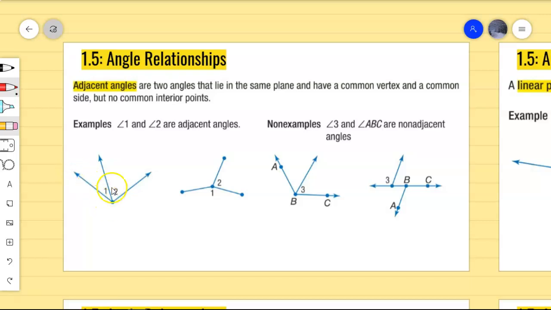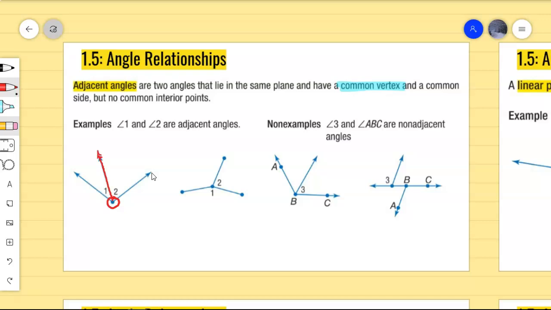You've got angle 1 and angle 2. You'll notice that they both have a common vertex, and the common vertex is right here, and they have a common side, so here is their common side.